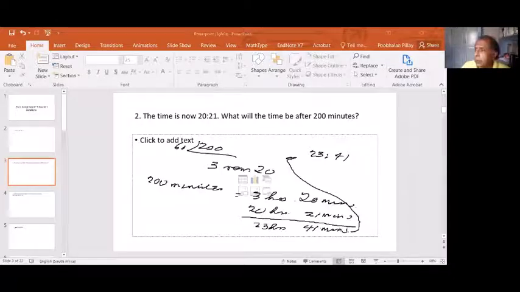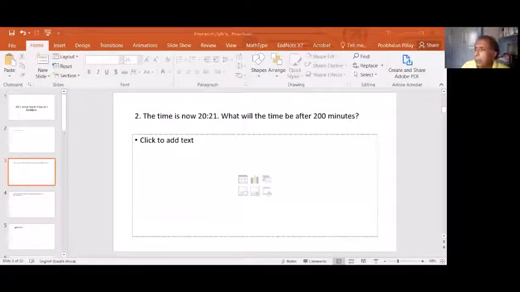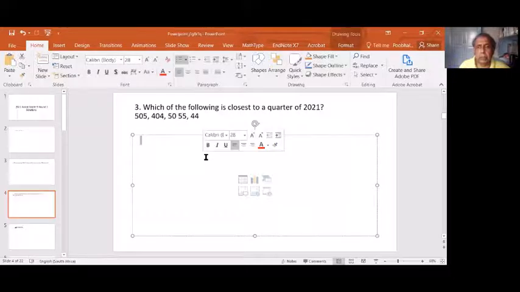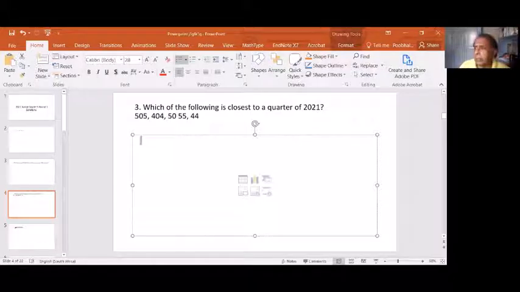So the next question is number 3: which of the following is closest to a quarter of 2021? There are 5 numbers given there, and you have to choose one of them.